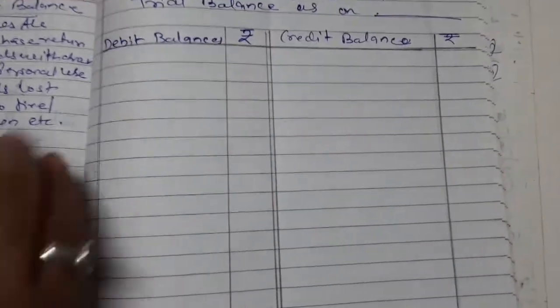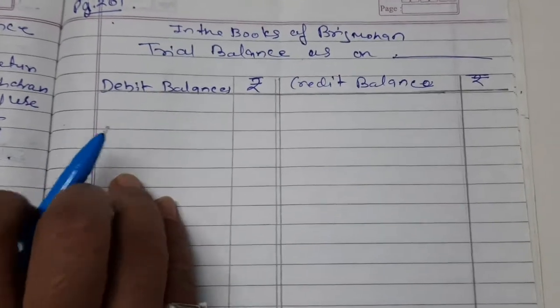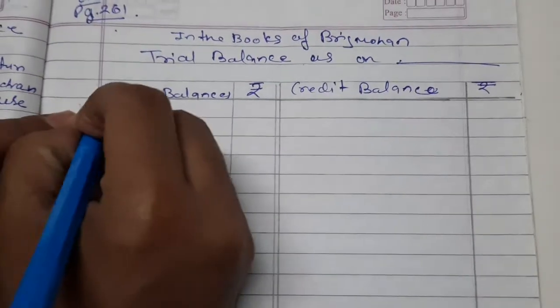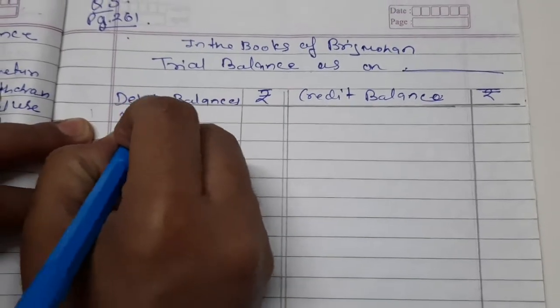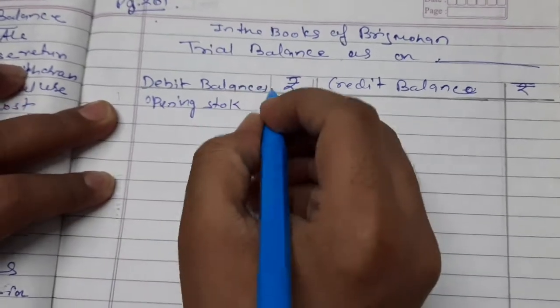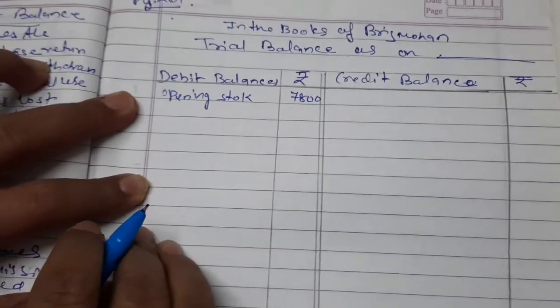Now students, please look into the book. First one is opening stock. I have discussed that opening stock is an asset and it always has a debit balance. So first, opening stock 7,800. Second is freehold assets.